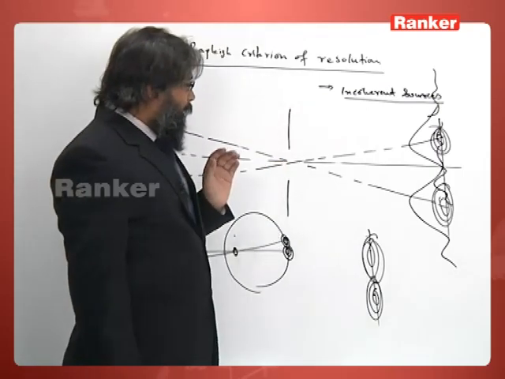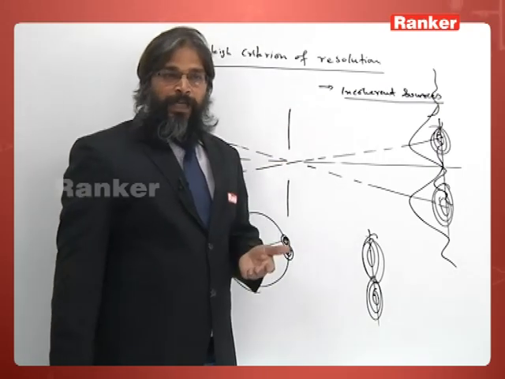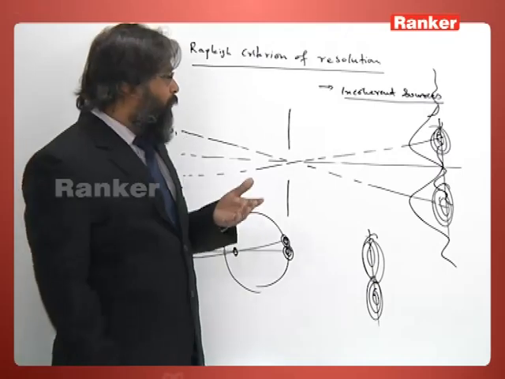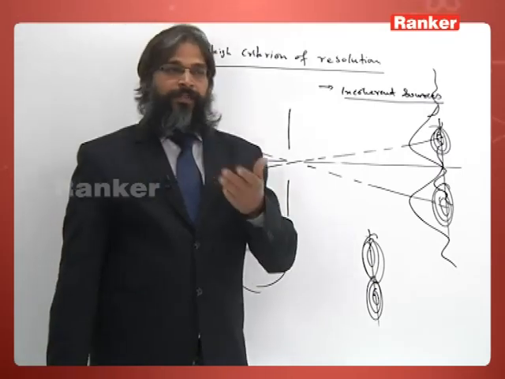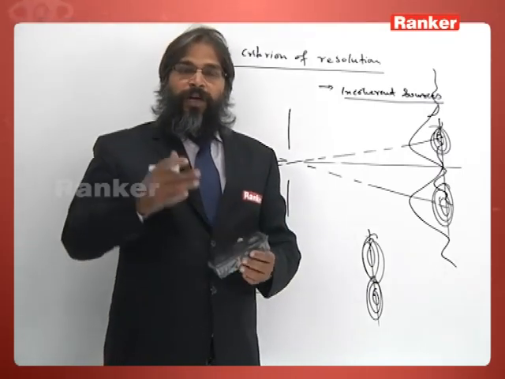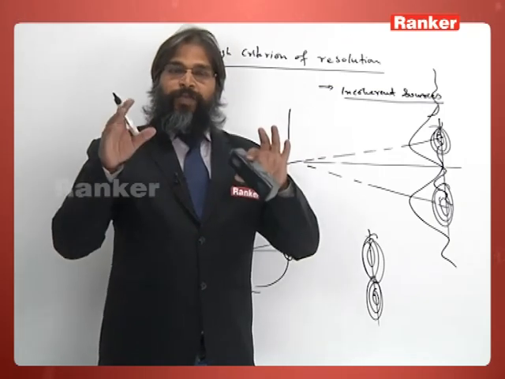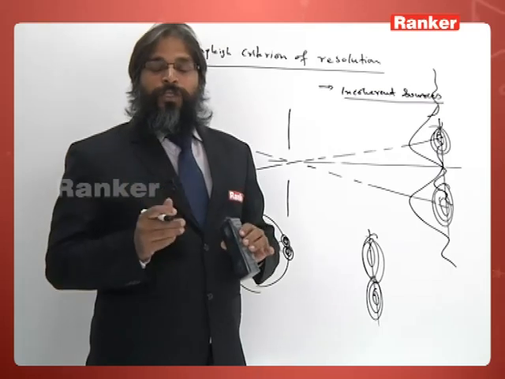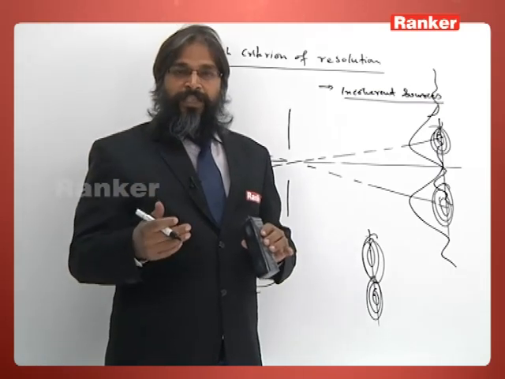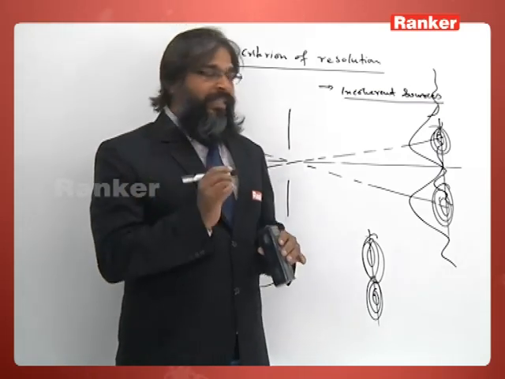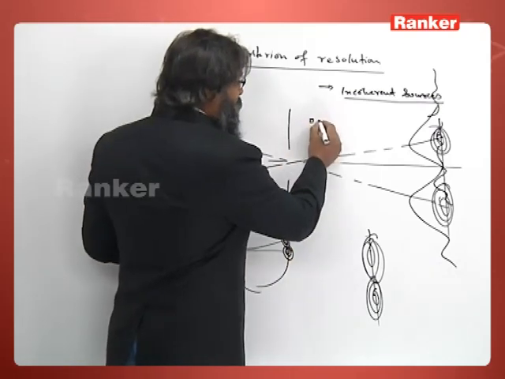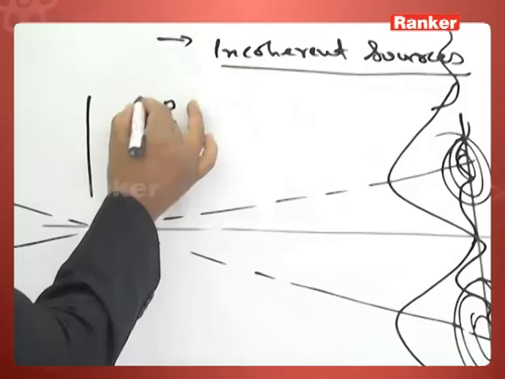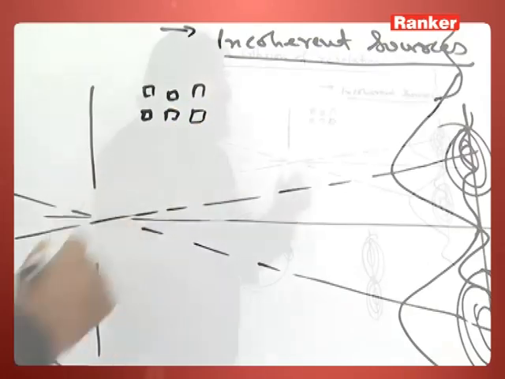Now you can take an example from our daily life. Suppose we watch a movie on an LED TV. When we watch from a large distance, we can view the images, but when we are very close to the screen, we find that there are pixels, dots, and at that time the image does not appear.